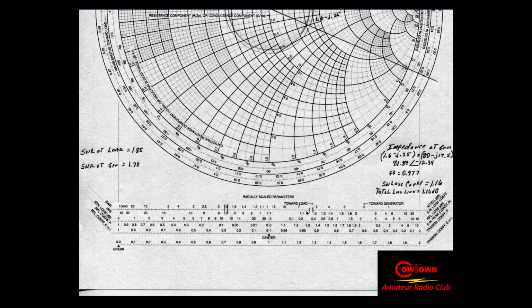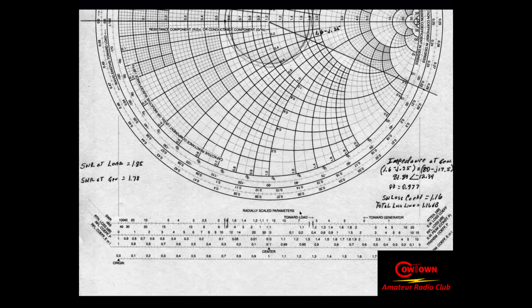I'm going to now take that 1 dB of known, not the 1.3 dB, it's going to be different this time. I'm going to take that 1 dB of attenuation in my line, and I'm going to move towards the generator 1 dB, which would put us in this point right here.